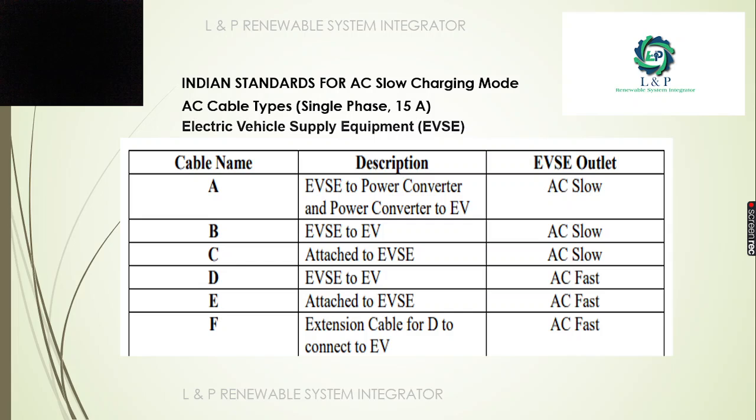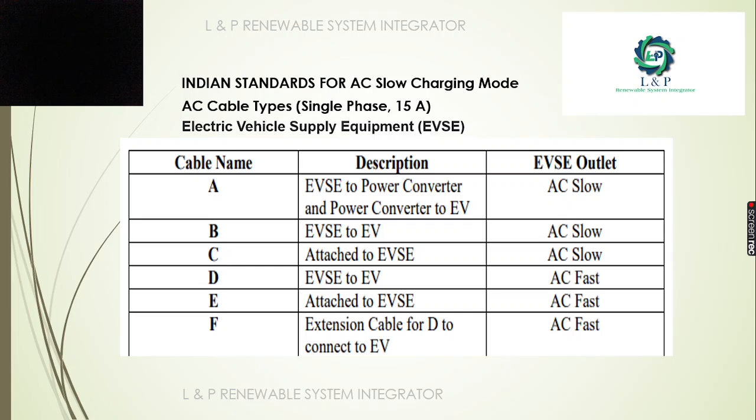When we get into the standards, say for example you have a single phase supply which is rated up to 15 amps. So we have 6 different types of cable, that is A, B, C, D, E and F. In a type A cable we will have electric vehicle supply equipment connected to the power converter, and the power converter connected to the electric vehicle. Whereas in cable B, we will have electric vehicle supply equipment directly connected to the electric vehicle.